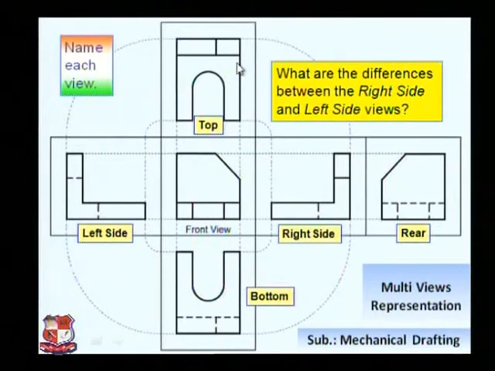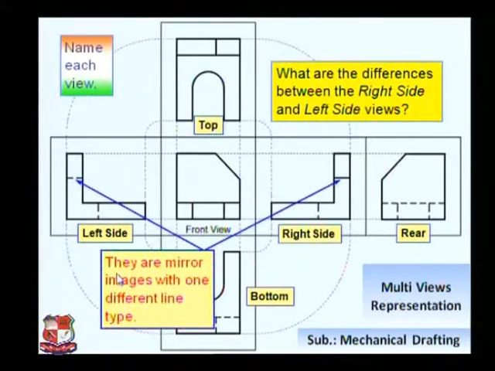What are the differences between the right hand side view and left hand side view? You can notice here only one difference. They are mirror images with one different line type. Both are mirror images of each other, only the line type differs between these two. This is a full line and here it is a dotted line.